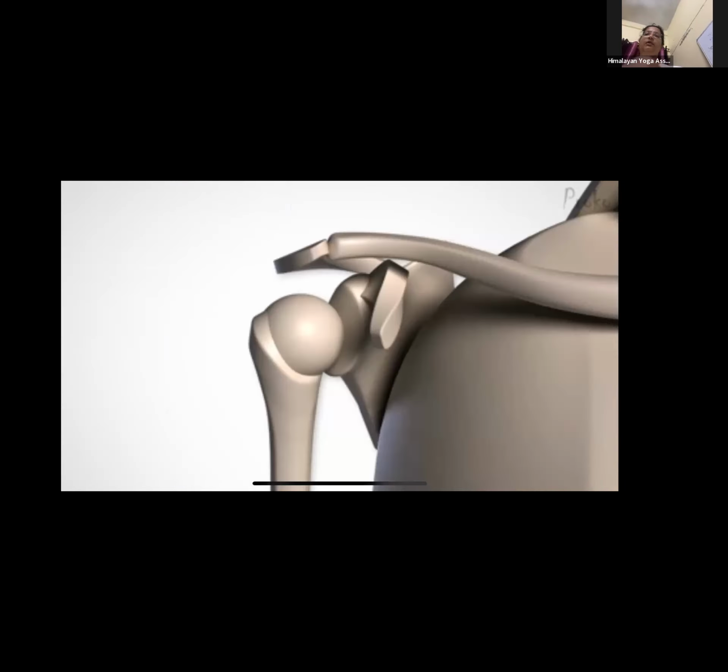Now I'll show you an image of the shoulder. You see the socket here is smaller as compared to the hip joint. You can take a screenshot and then we will move forward.